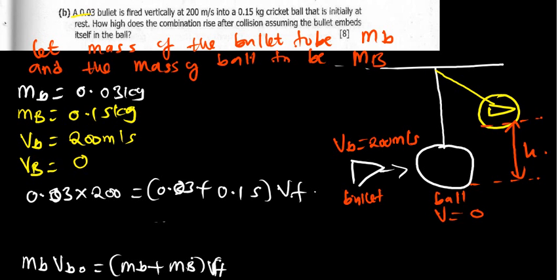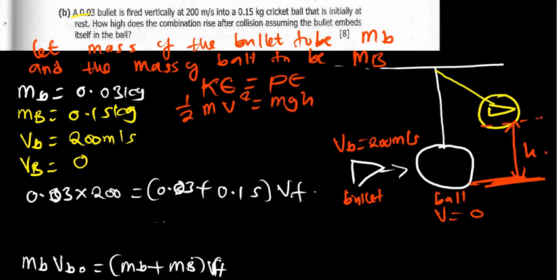Remember, I'm just finding this final velocity so that I can use the work energy theorem. When these two were moving from this point going up, initially they had kinetic energy. Now it is on top, so the kinetic energy will be equal to potential energy. So I'll have half m v squared is equal to m g h.